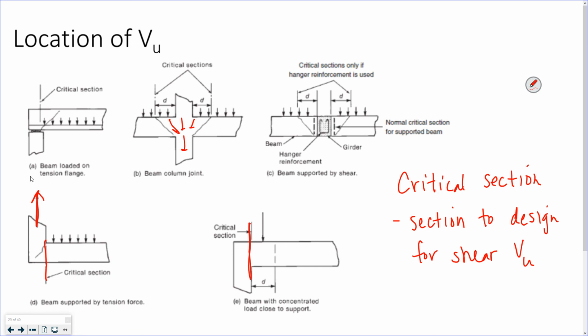Meaning if you had this situation, you might have to design for a higher shear. You don't get to move it in a little bit where you might have less shear. In (a) and (c), you can move it in. All right, your critical sections are there versus at the face.